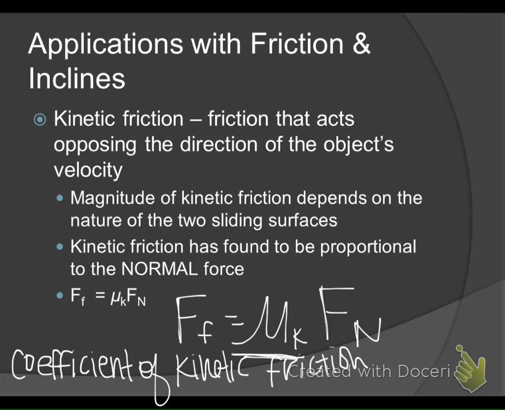We have to take that coefficient times the normal force in order to find our frictional force. So that means we need to become really good at calculating the normal force, right?